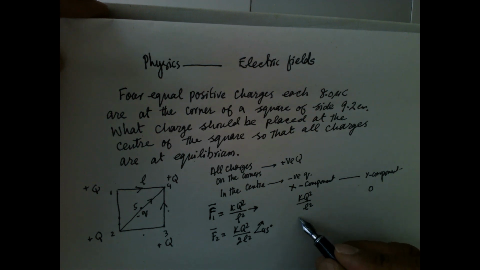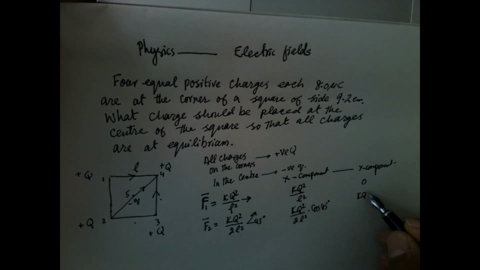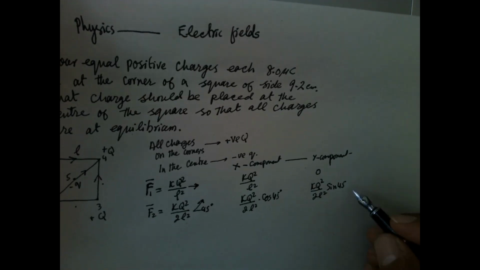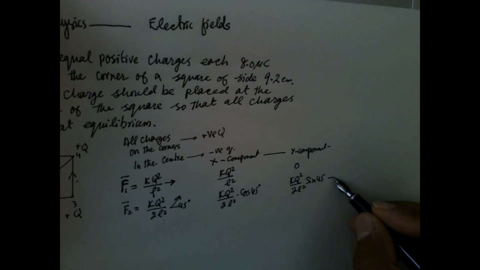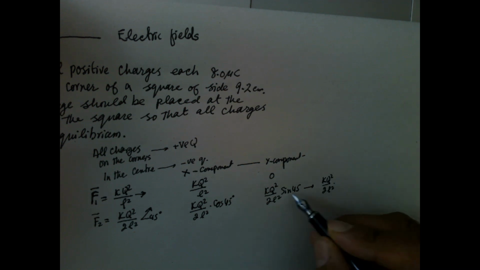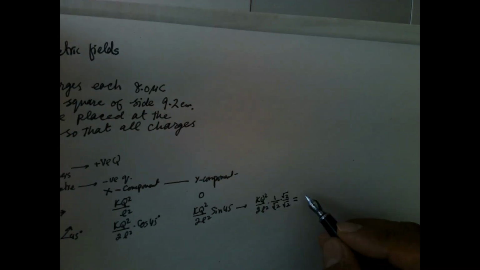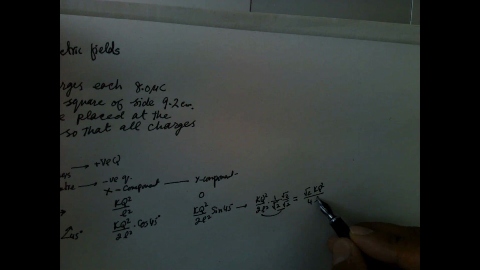So this will be kQ squared over 2L squared times cos 45 degrees, and kQ squared over 2L squared times sin 45 degrees. If we solve this, it is kQ squared over 2L squared times square root 2 divided by 2, so this will be square root 2 kQ squared over 4L squared.